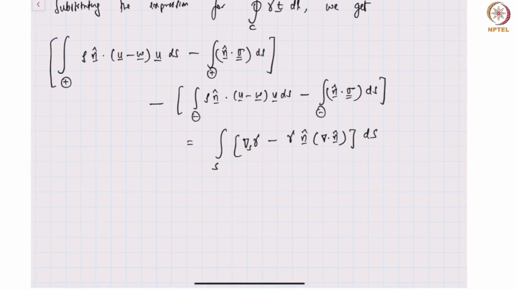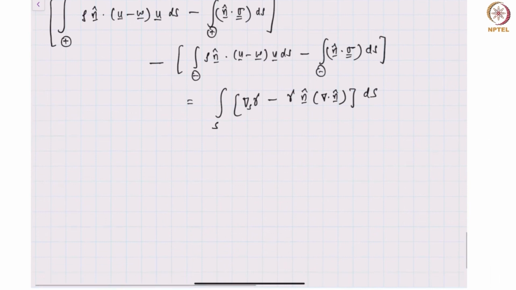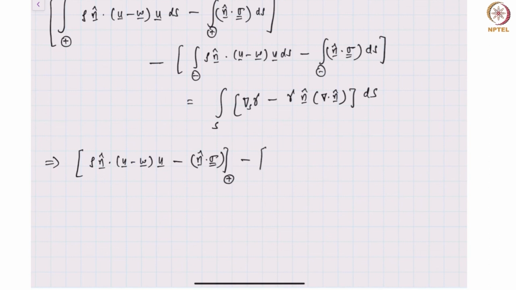We can take it one final step. Because this is valid for an arbitrary ds, for this expression to be valid at all times, I have the first term, this is on the plus side, and the same expression on the minus side.